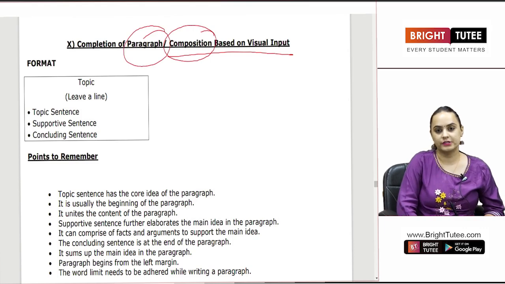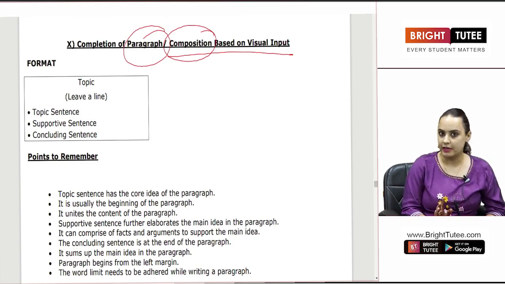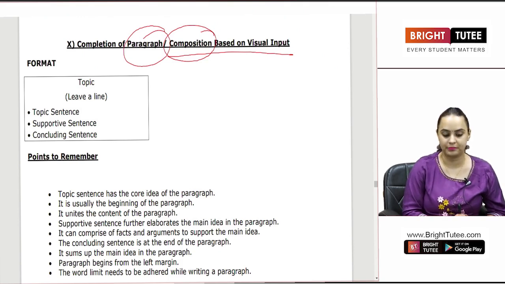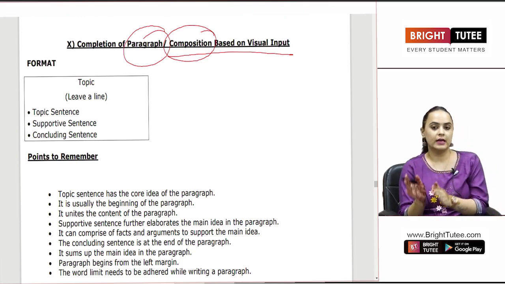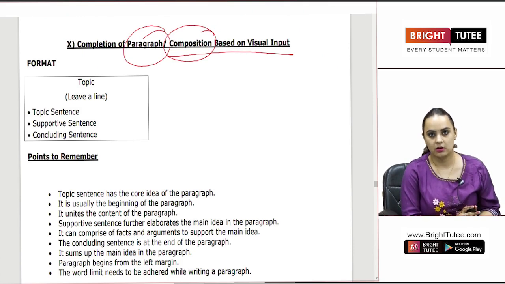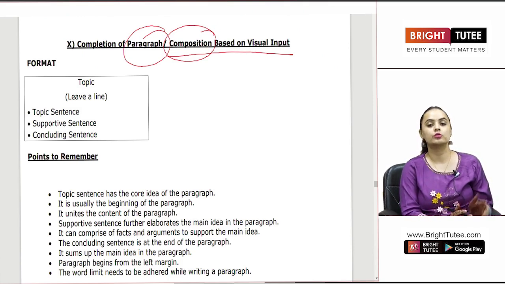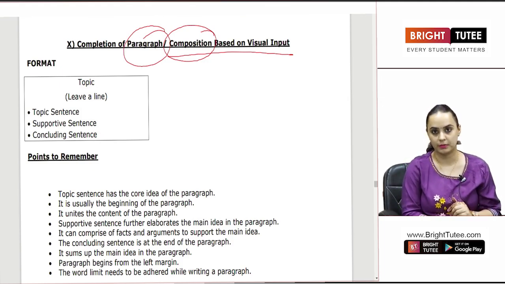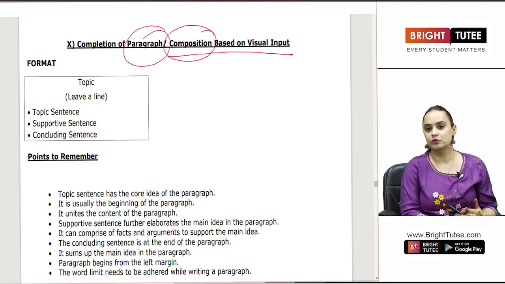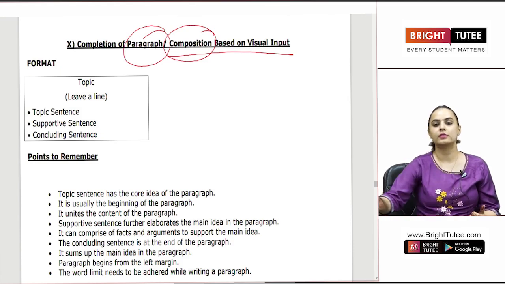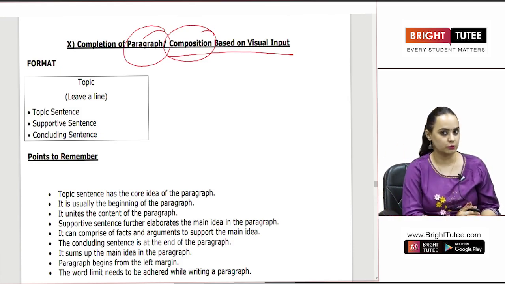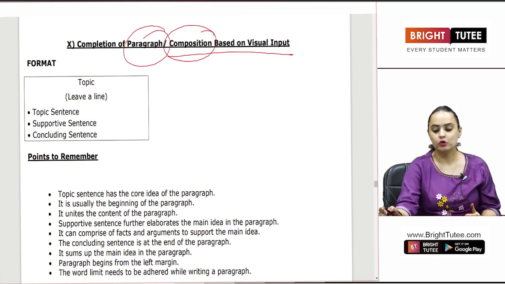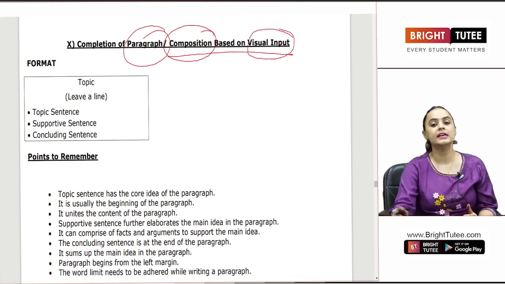You can get a question based on either of them, but you can be sure that the format remains the same. So you can either get a question in which you will have to complete the paragraph. You might be given some topic. The first few lines would be given to you, and based on that you'd be completing the rest of it. Or you may be given some visual input.